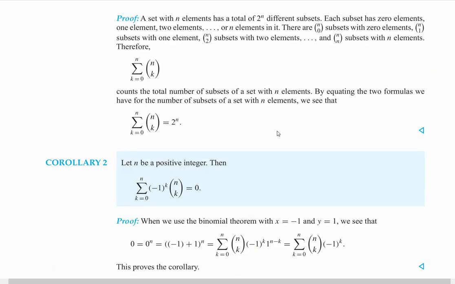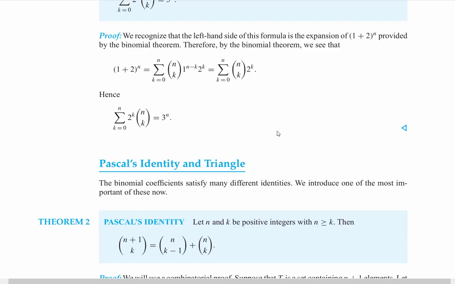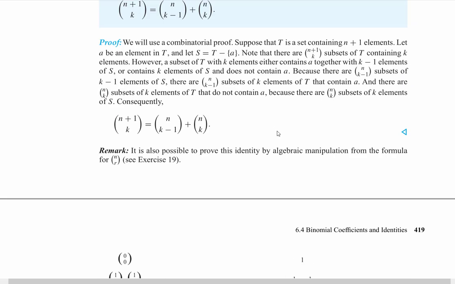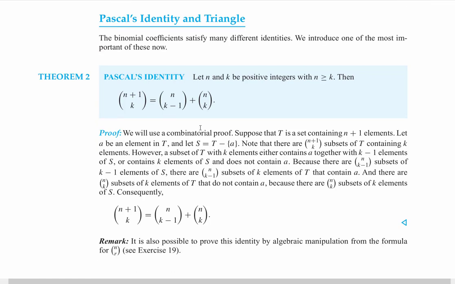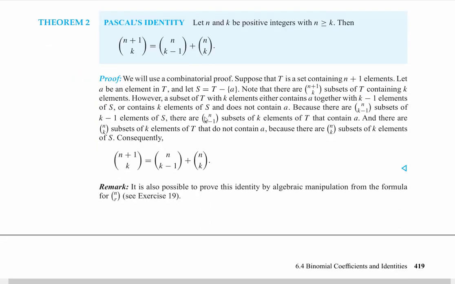And we can see more of the triangle in the book. Here's another way to write Pascal's identity. Instead of k, they had k minus 1, but it's the same identity.